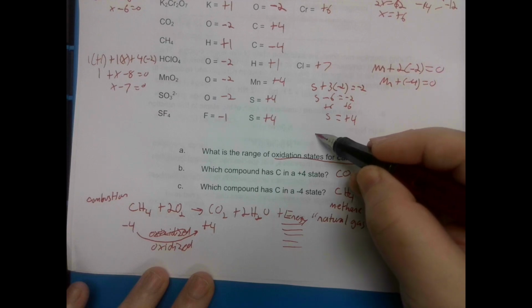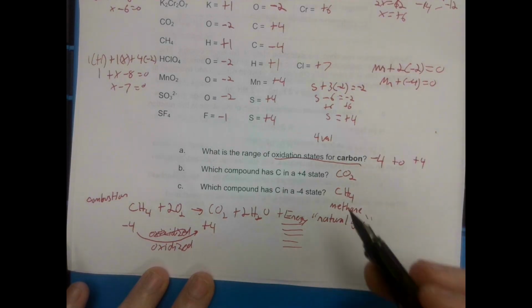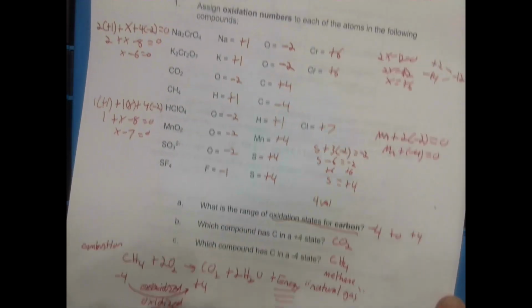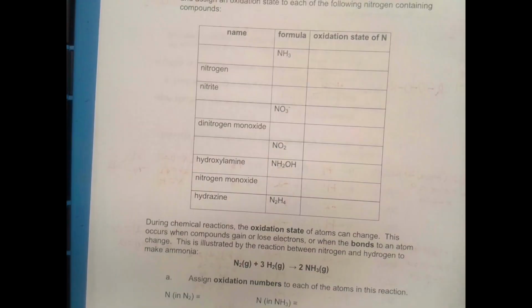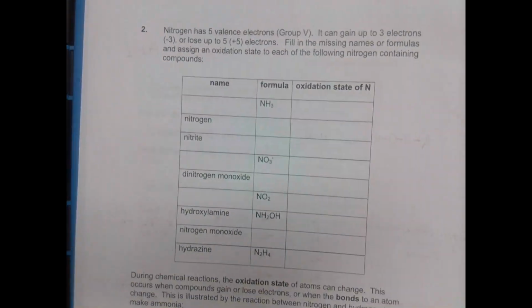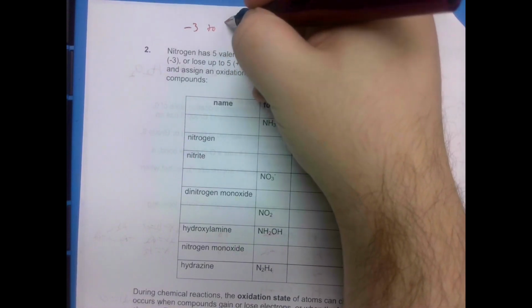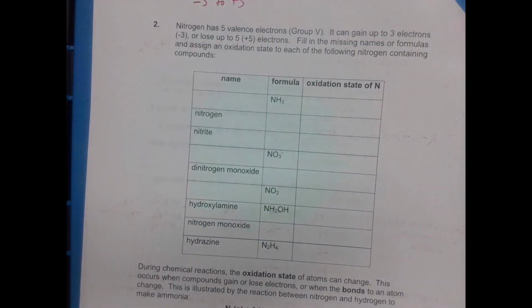Carbon has 4 valence electrons. It can either lose those 4 or gain 4. That tells you the possible states. So the range of numbers for nitrogen will be from -3 to +5. If you get anything outside of that range, it's wrong.